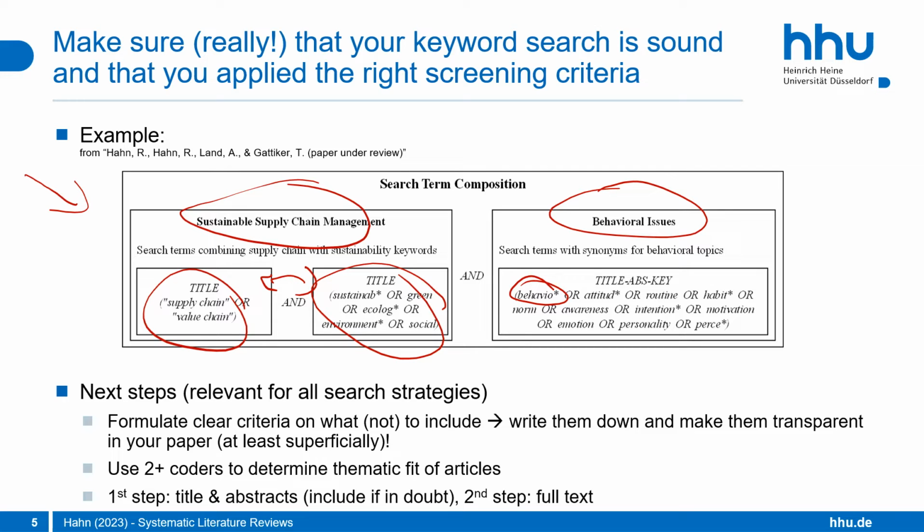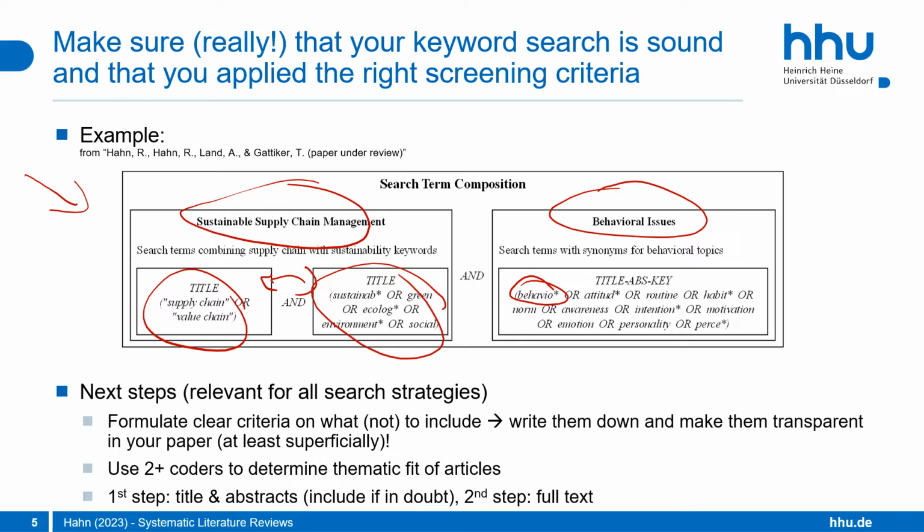We made a clear note: no articles that deal with organizational behavior, for example. There were other criteria that we used when we included or excluded certain articles that were not fitting the specific topic. I really advise you to write them down and make them transparent also in the paper, at least superficially, so that the readers know how you determined the fit of the respective articles for your literature review.